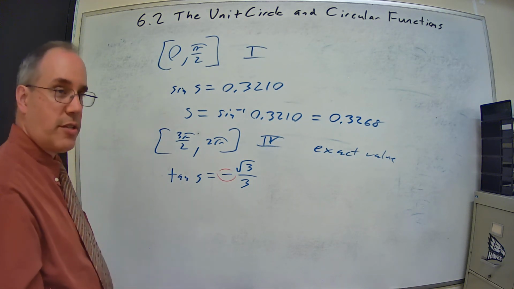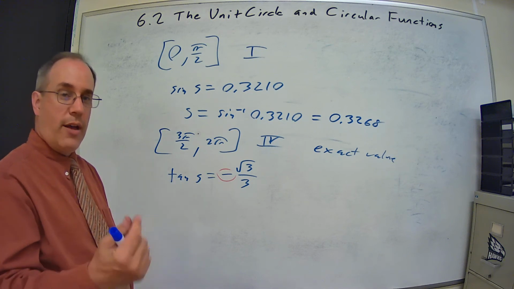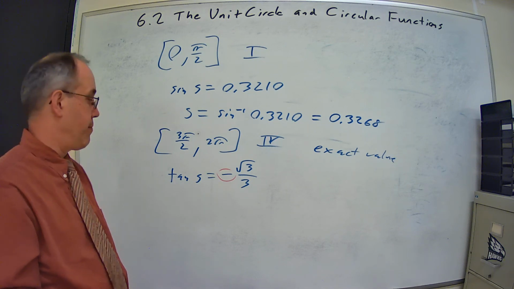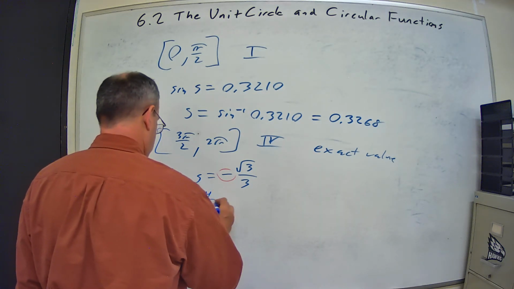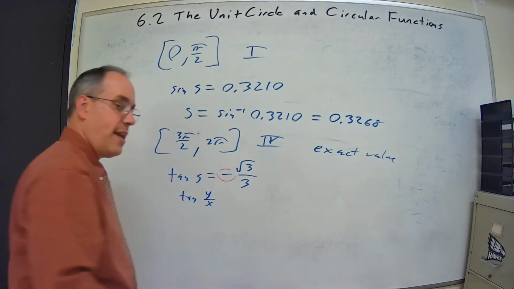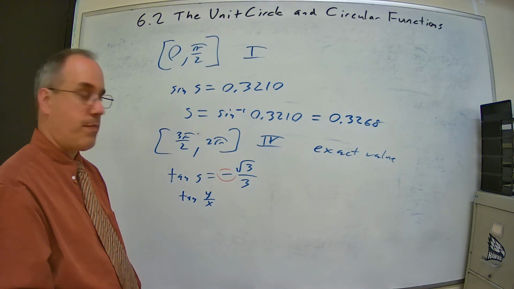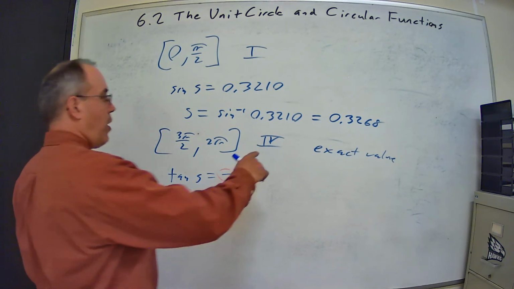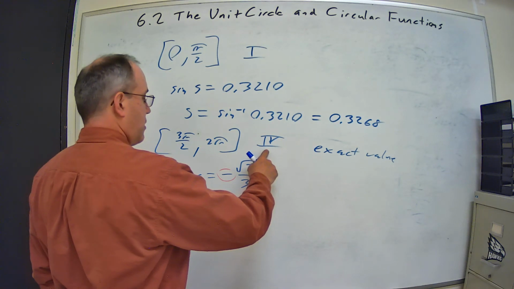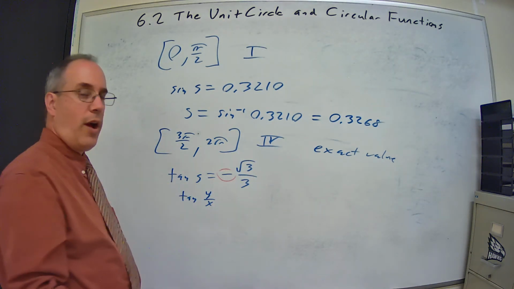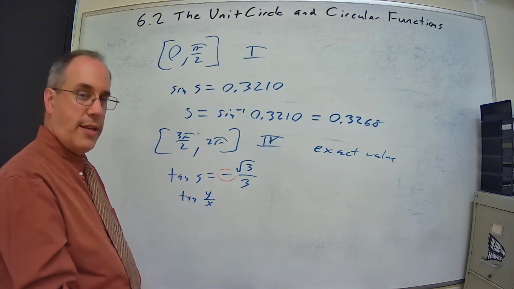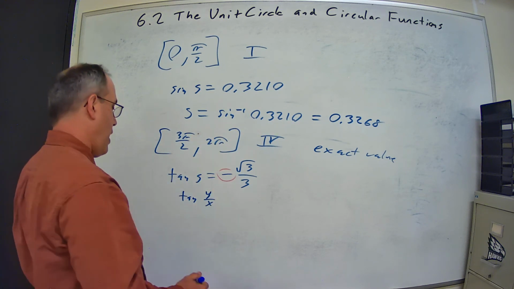Remember, tangent is y over x. If we're in the fourth quadrant, then y is going to be negative, x is going to be positive.